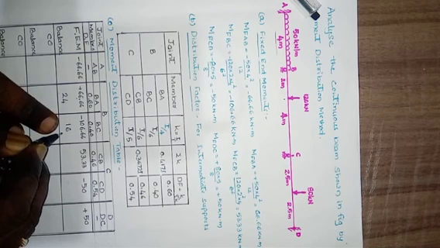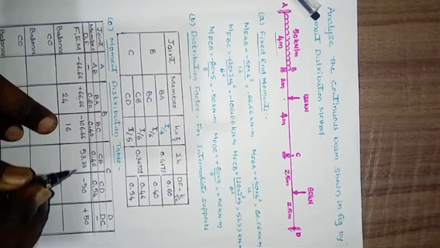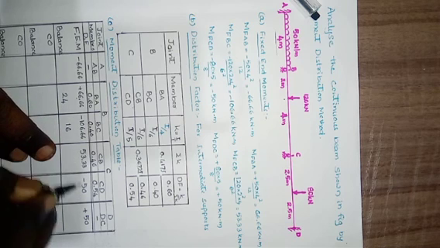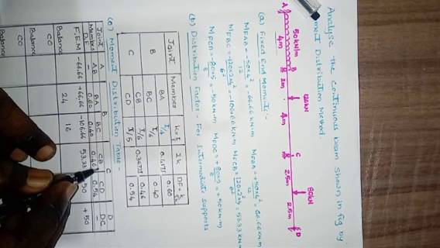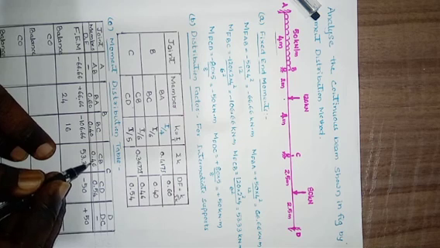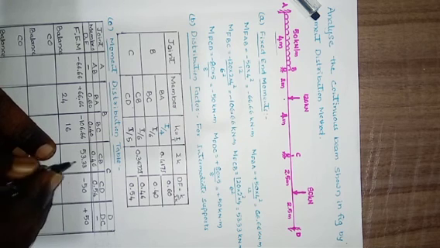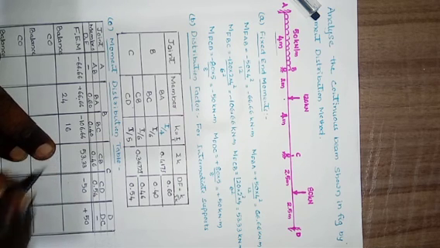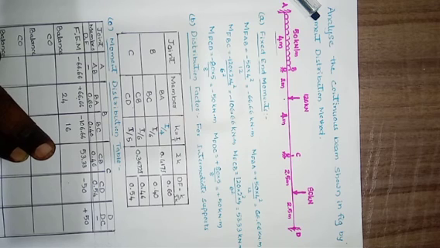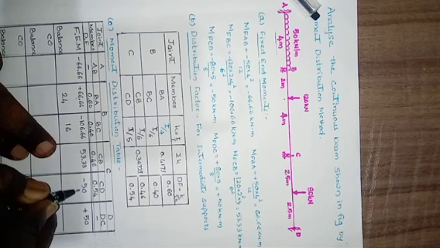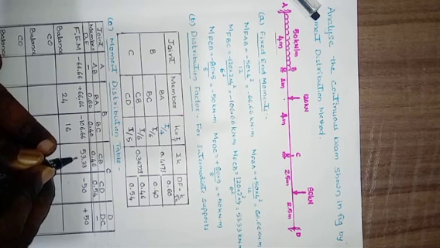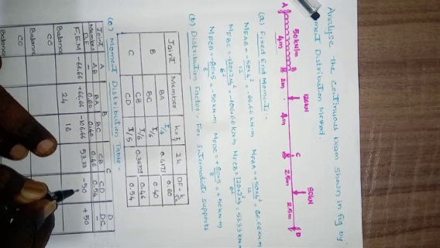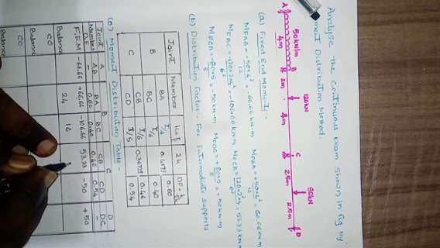Similarly at joint C, two members are connected, one is CB and another one is CD. To make it balance, the net unbalanced moment is 53.33 minus 50, that is 3.33.